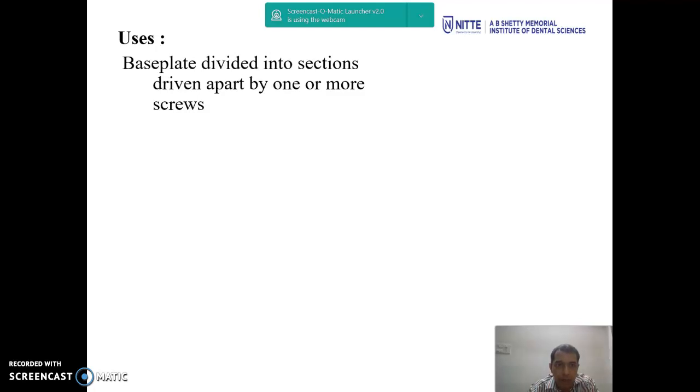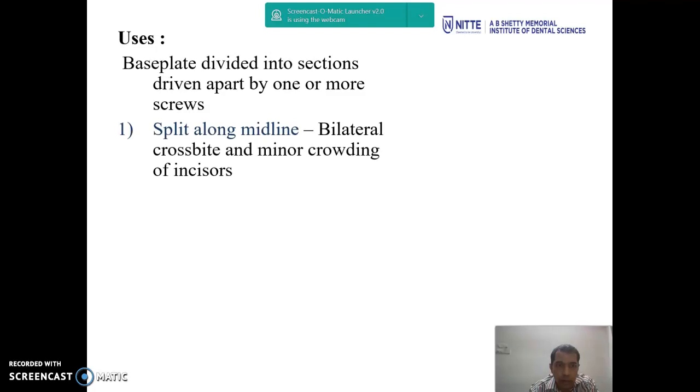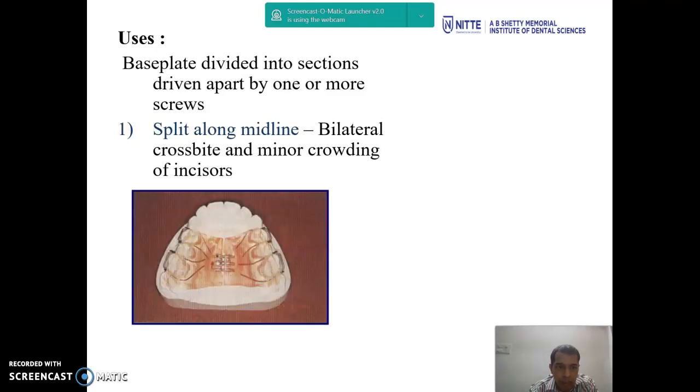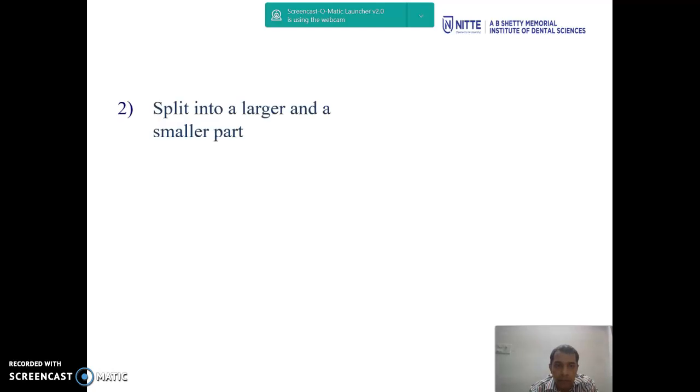Uses: the base plate is divided into sections driven apart by 1 or more screws. There is a split along the midline. Bilateral crossbite and minor crowding of incisors can be corrected. Or the plate is split into a larger and a smaller part.